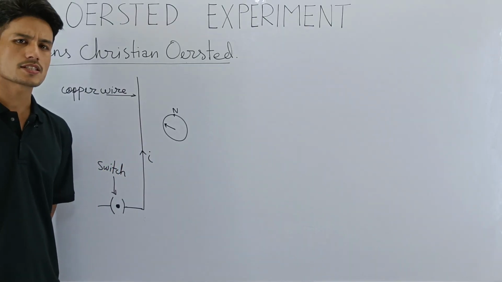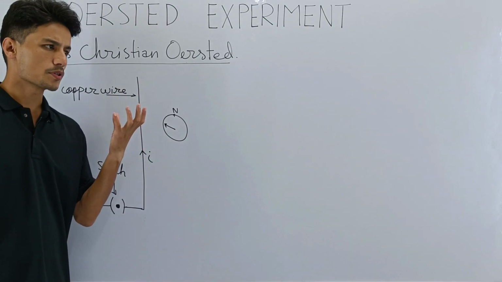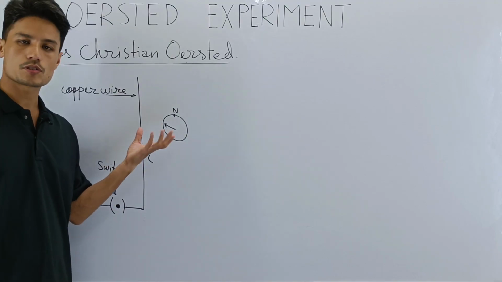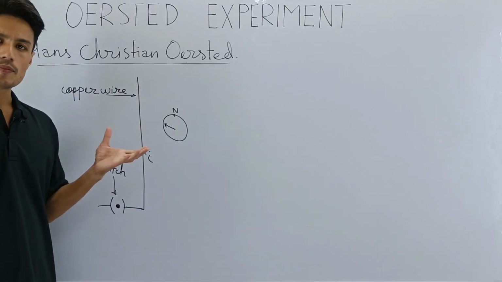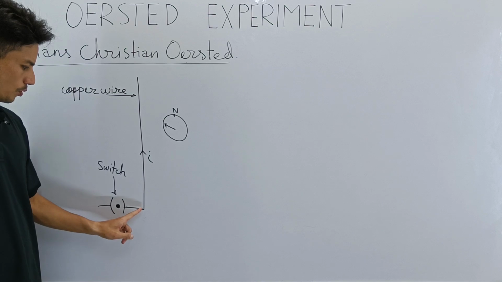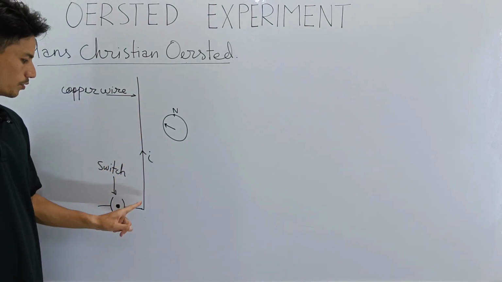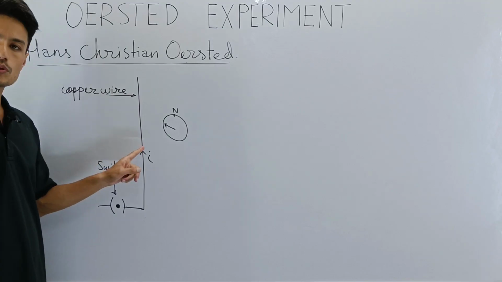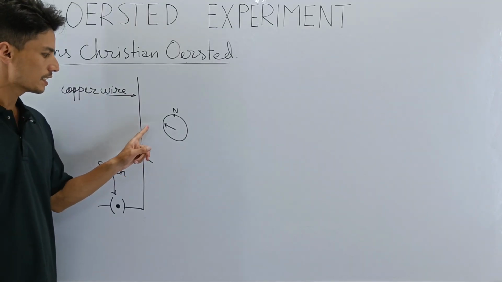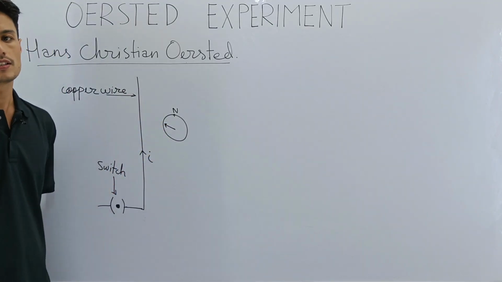Being a physicist and a person of great knowledge, he came to the understanding that the flow of current in the wire must have produced something, which made the magnetic needle deflect.